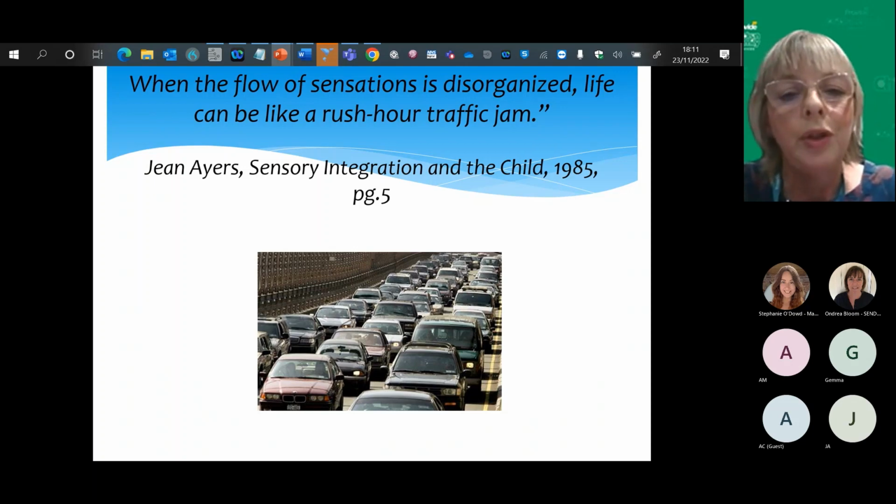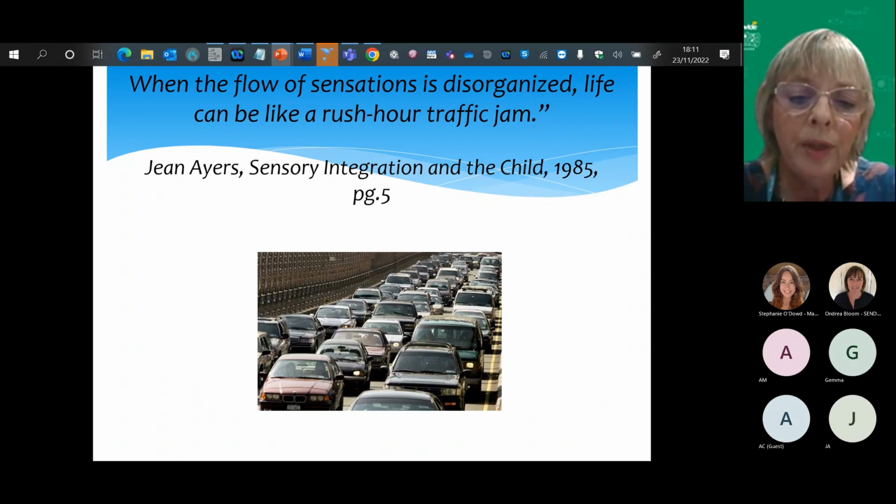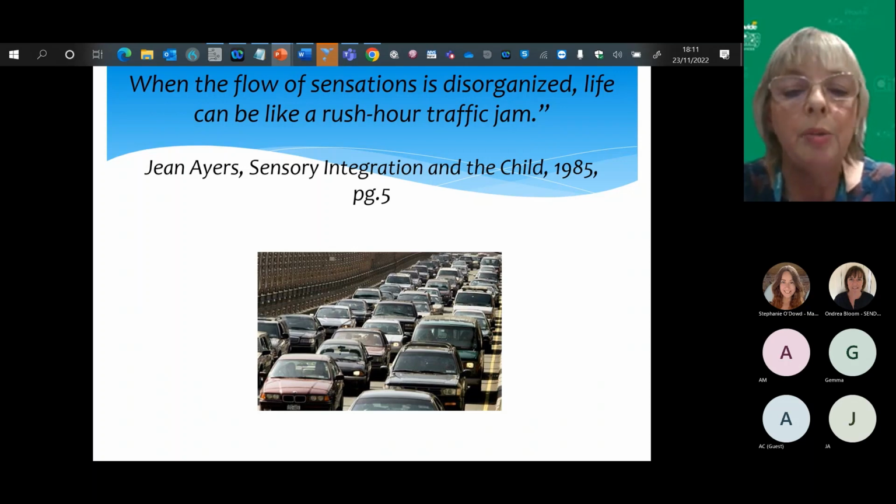And when I'm training, I'll often use that analogy with teaching staff, because if you put me on a maths lesson today in a classroom, I would be able to focus and learn. If you gave me that same maths lesson but stuck me on the central reservation of the M25, I wouldn't be learning. I would be worrying about whether I was going to get hit by a lorry. Would be worrying about whether the car had come too close.